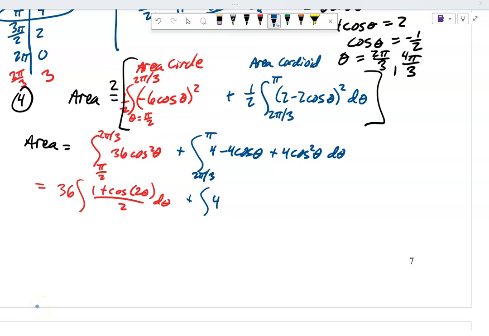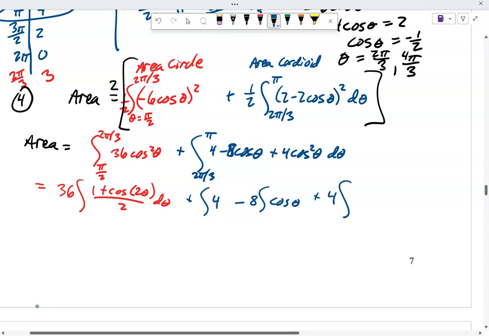I just realized I got 4 minus 4 cosine minus 4 cosine. That's an 8 cosine right there. Sorry about that. Now I've got a cosine squared, so another power reducing on this.